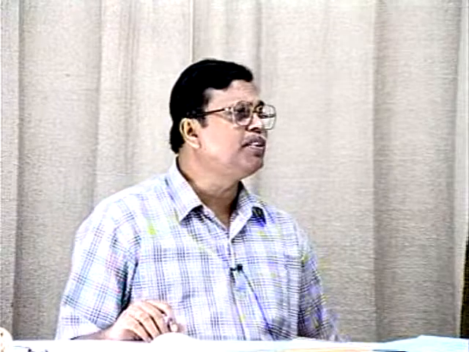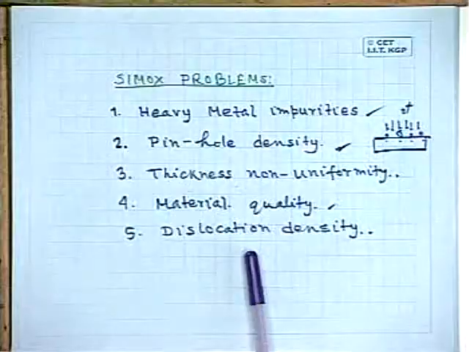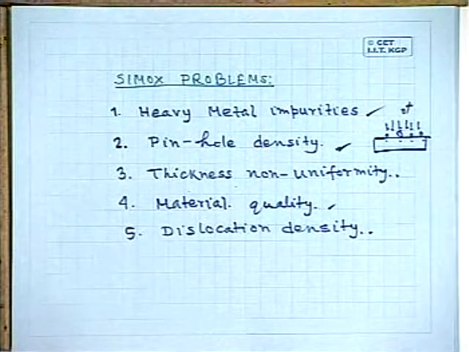And it has been reported in the literature that a 256K SIMOX SRAM has already been fabricated using this technology. Okay, but one of the primary concerns of the SIMOX process is the high cost. Cost is very high.